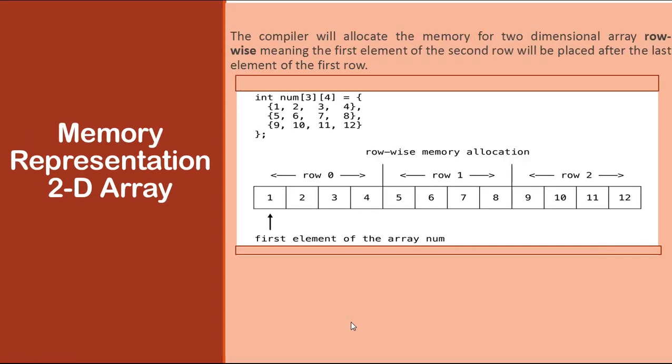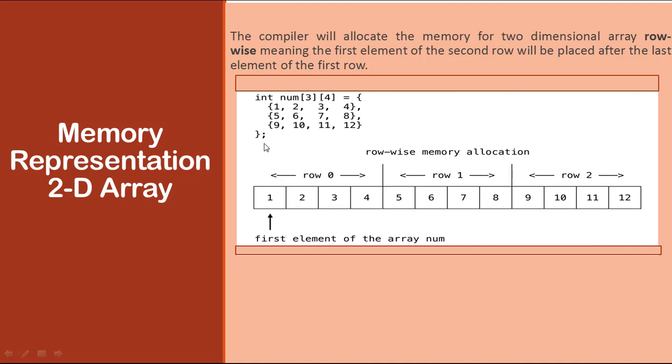Next is the memory representation of 2D array. The compiler will allocate the memory for 2D array row-wise. That means the first element of the second row will be placed after the last element of the first row. For example, int is the data type, num is the name of the array, 3 is the row size and 4 is the column size.